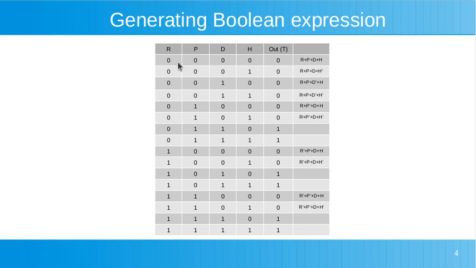So this will be R plus P plus D plus H, this will be R plus P plus D plus H bar, R plus P plus D bar plus H, R plus P plus D bar plus H bar, R plus P bar plus D plus H, R plus P bar plus D plus H bar, and so on. This way we can generate these expressions.